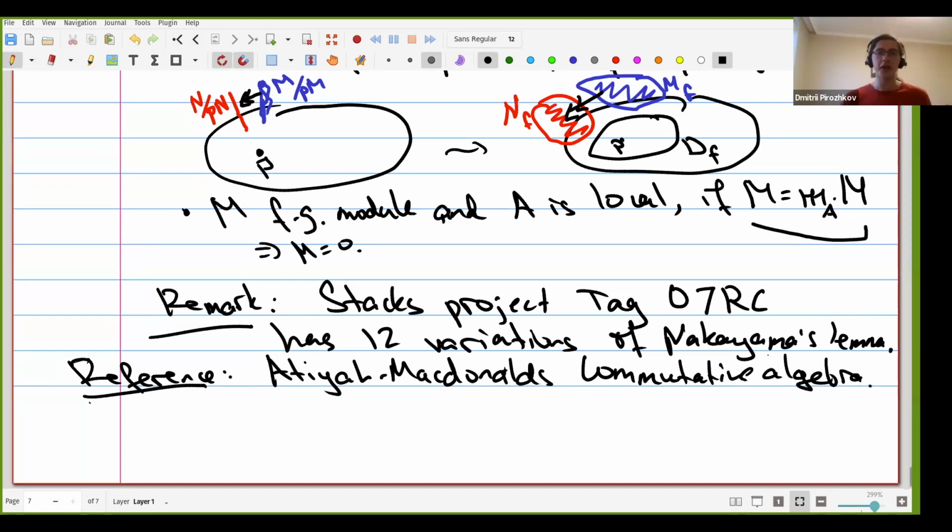It will have more details about localizations and this whole process of working locally, even though it will be mostly in the form of exercises. And this book, I would say, uses a more algebraic point of view and does not force this idea that working locally on the spectrum, using the fact that the spectrum has a topology and open sets and points, is useful. But still a very good book, and I recommend it.